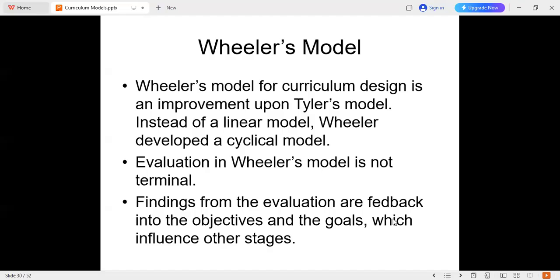Particularly, we have to change our objectives, not only the objectives, but subjects as well as subject content. I can give one example. This time they have changed the subject name.